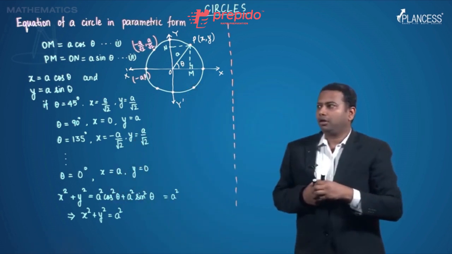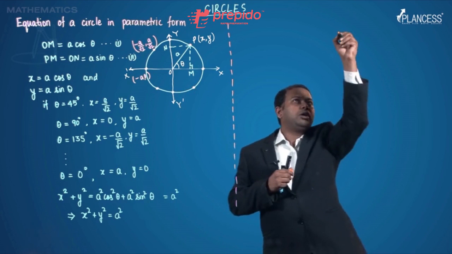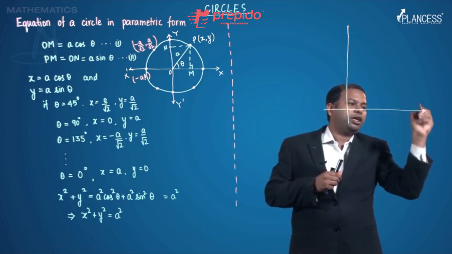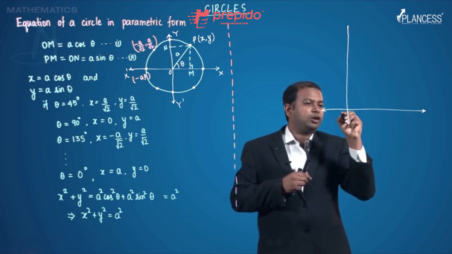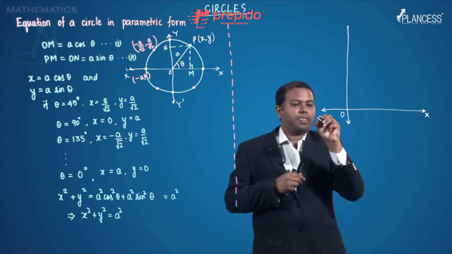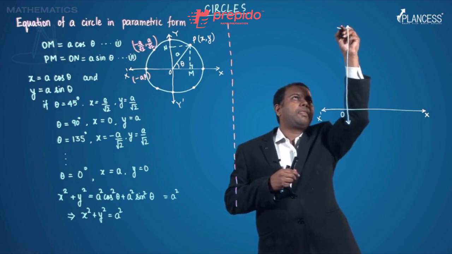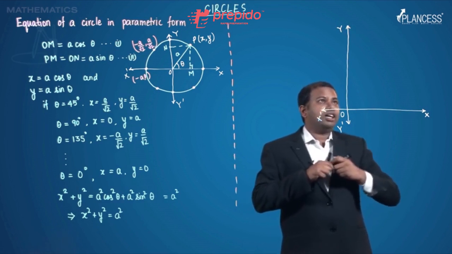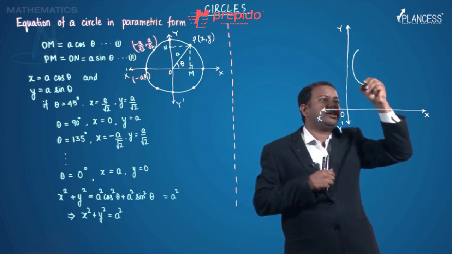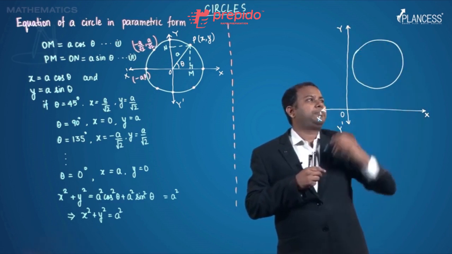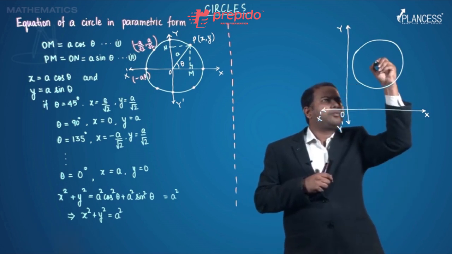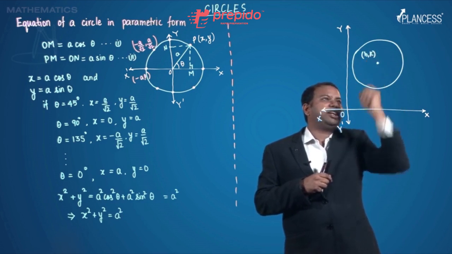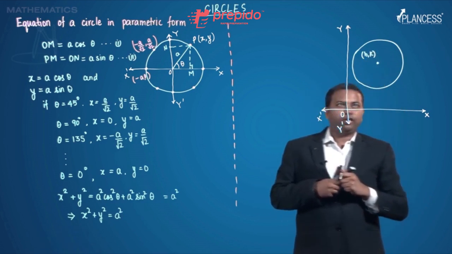So here is our coordinate axis. And imagine our circle is somewhere here, h comma k being the center of the circle, and radius equal to a.